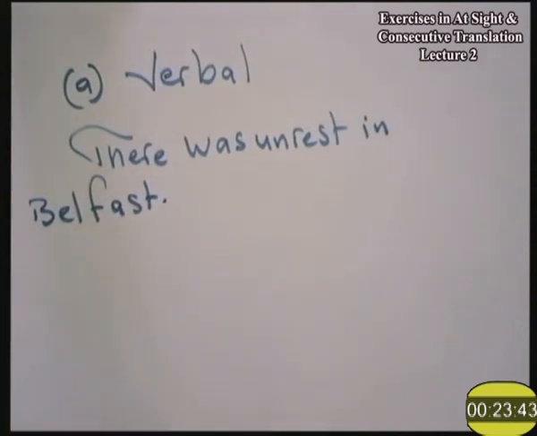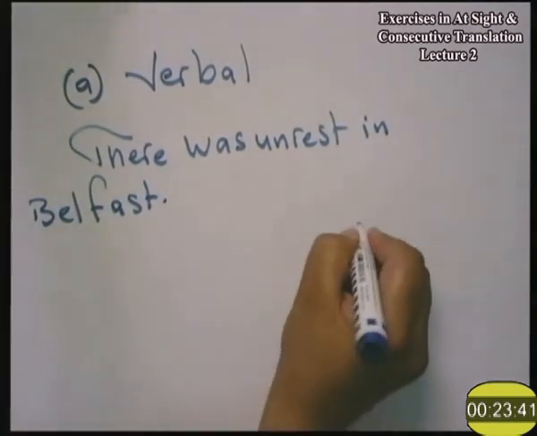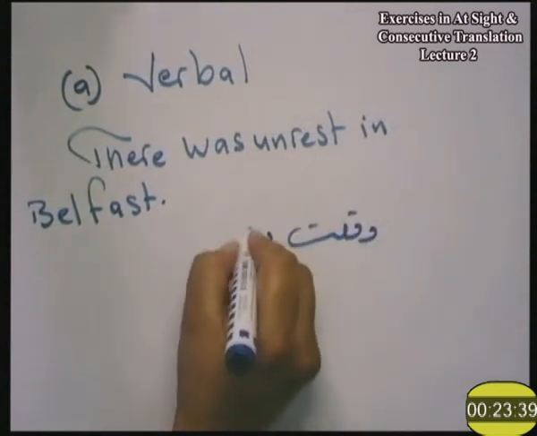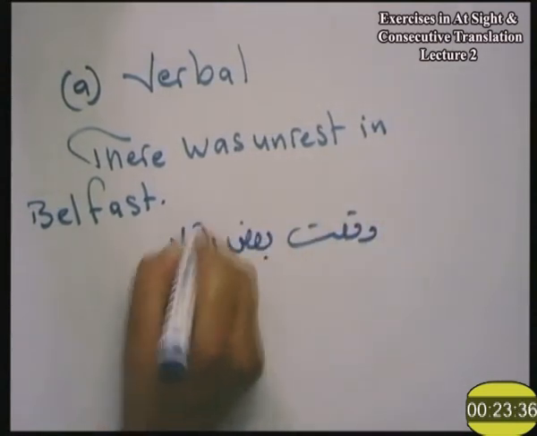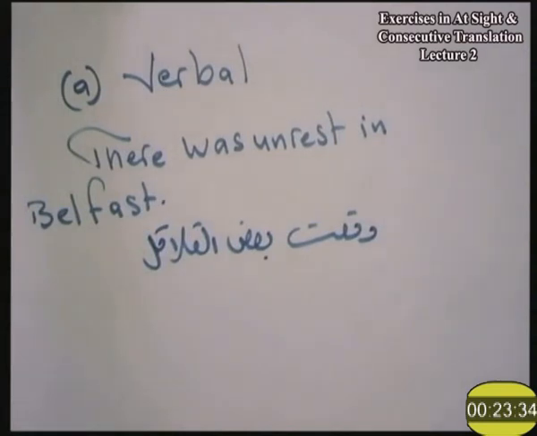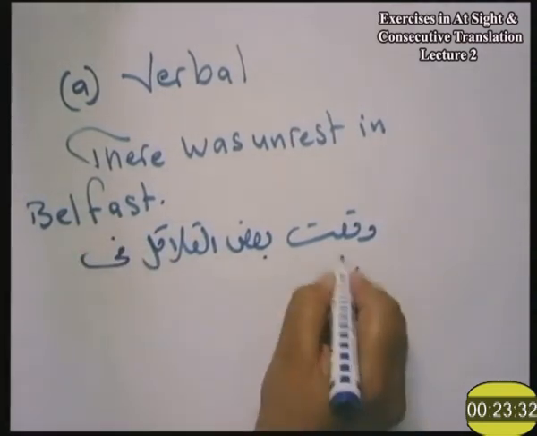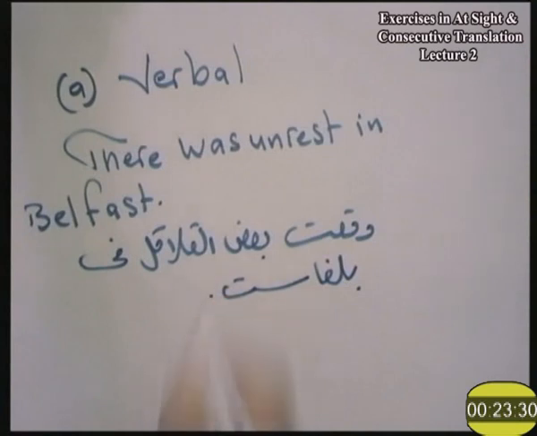Now let's have a look at this translation. وقعت بعض القلاقل المشاكل الاضطرابات في Belfast. ايه Belfast دي؟ What's this Belfast? Belfast is the capital of North Ireland. احنا عارفين ان انجلترا او المملكة المتحدة مكونة من England, Ireland, North and South, Wales and other parts.